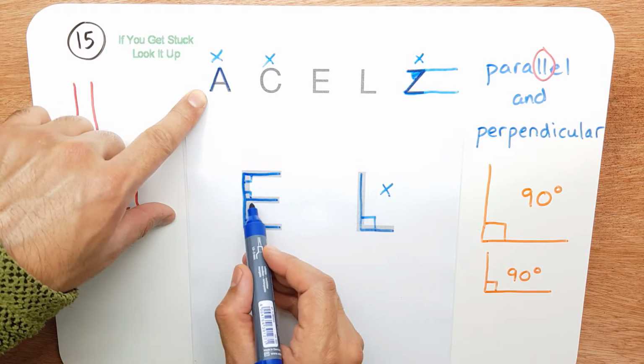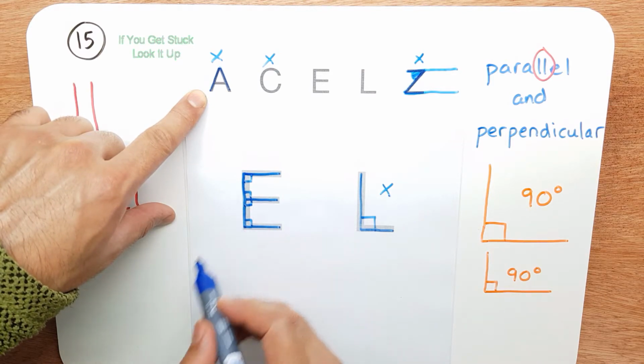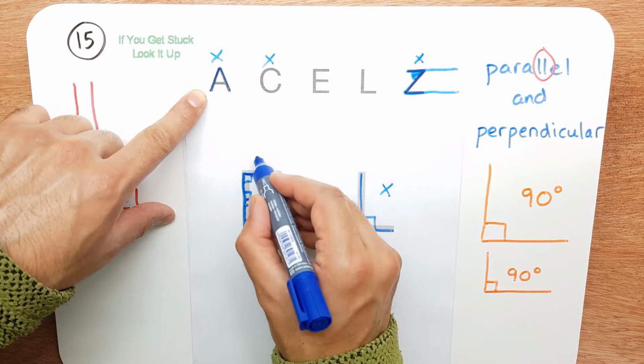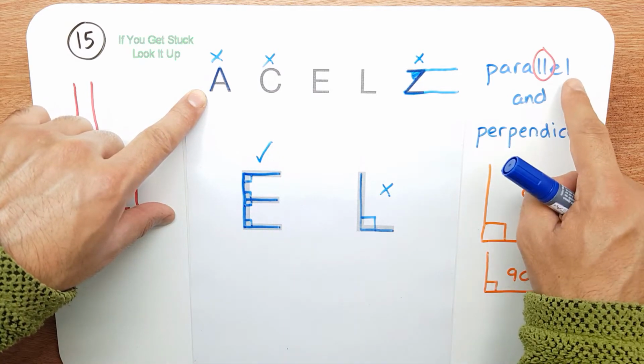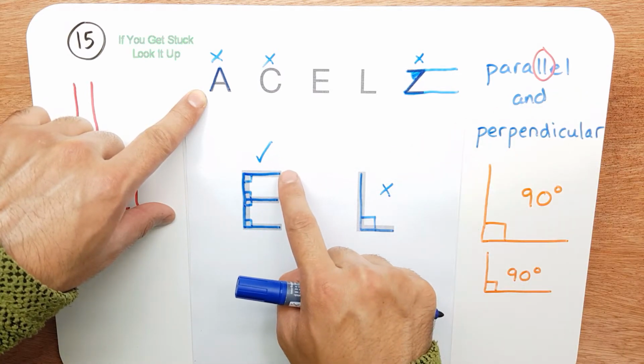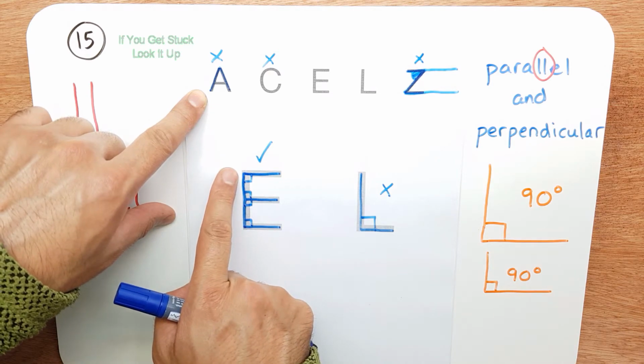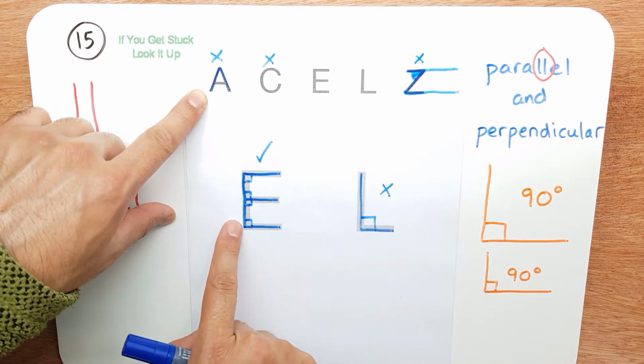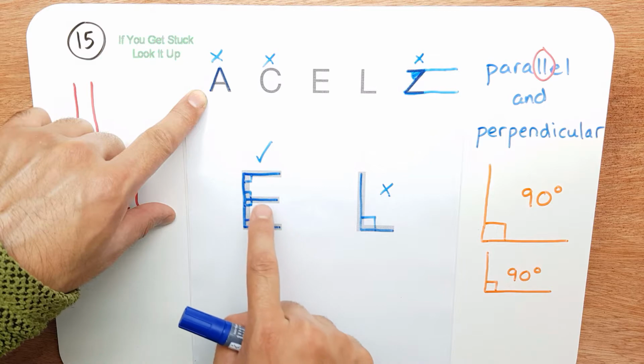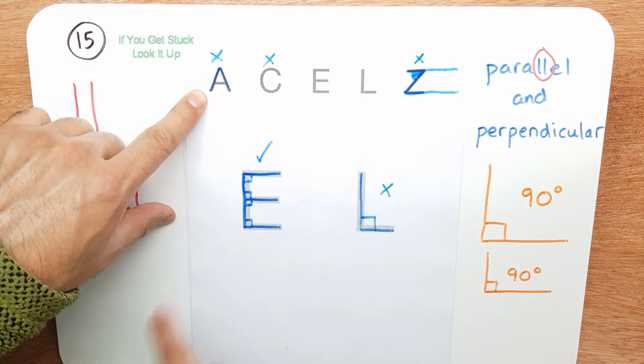We can even draw a right angle here. So this is good because we have both parallel lines, 1, 2, 3, and perpendicular lines. So the line going vertically up and down is perpendicular to this line, and this line.